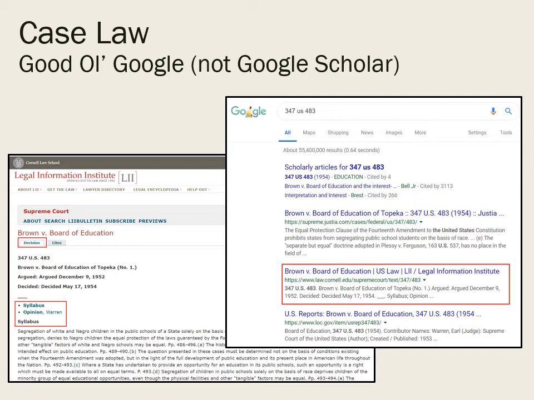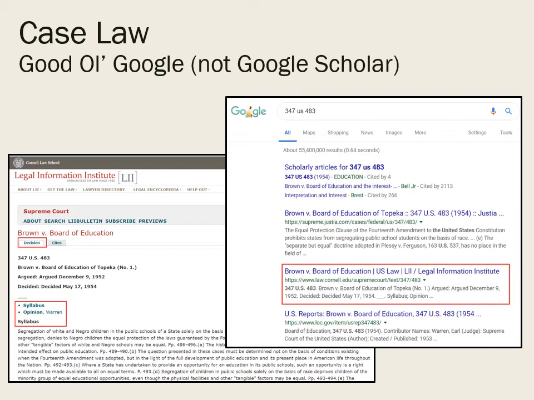The syllabus is a summary of the case, and I highly recommend reading it before you read the case itself. Sometimes, honestly, you don't even have to read the case itself because the syllabus is going to tell you everything that you need to know. If you scroll down past the syllabus, you will come to the opinion. You can also take a shortcut by just clicking the hyperlink for the opinion.